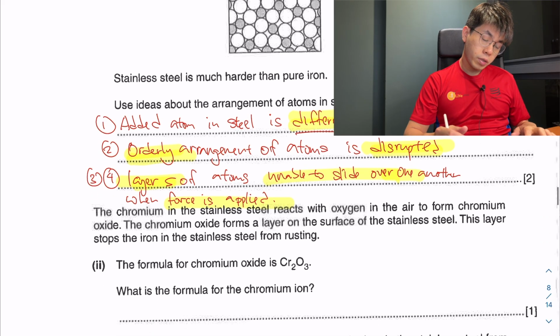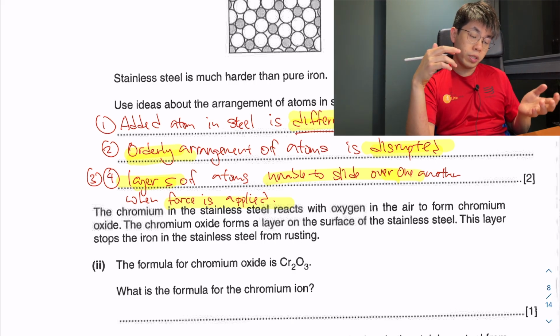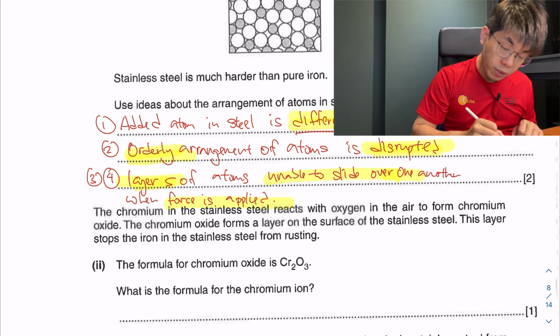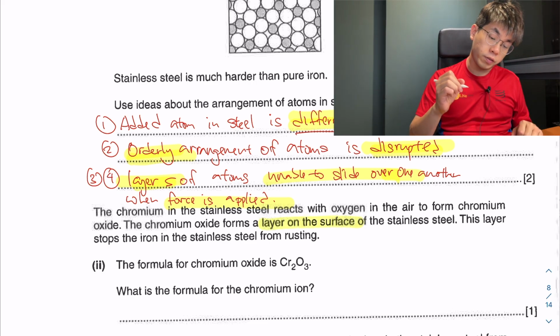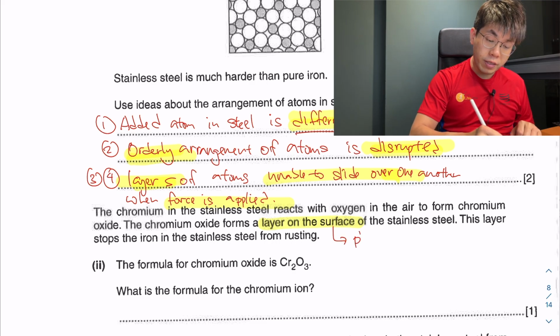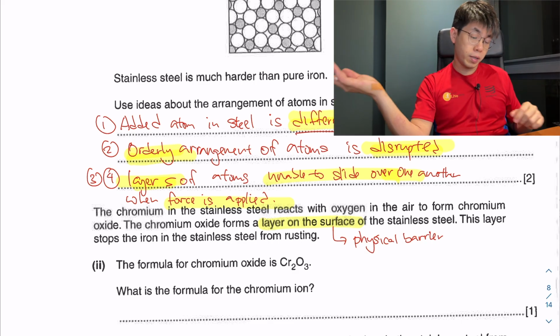Next, chromium in stainless steel reacts with oxygen in the air to form chromium oxide. The chromium oxide forms a layer on the surface of the stainless steel. This layer is a physical barrier, a sort of physical protection from rusting.